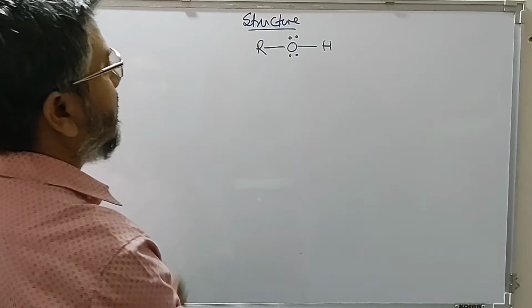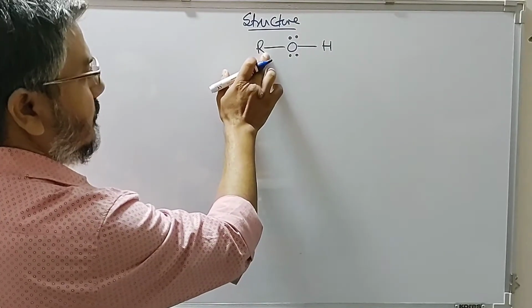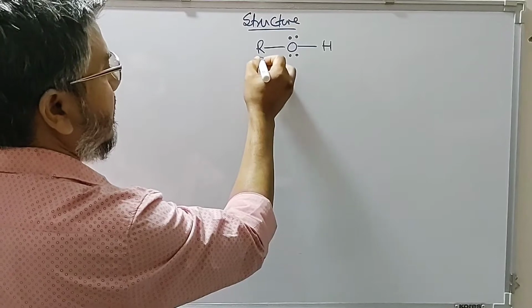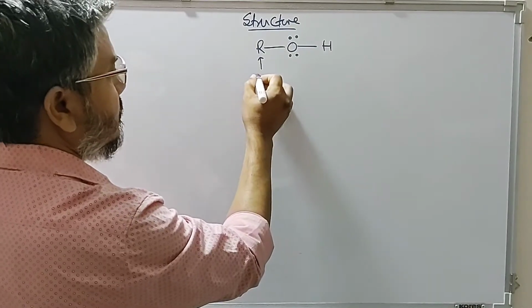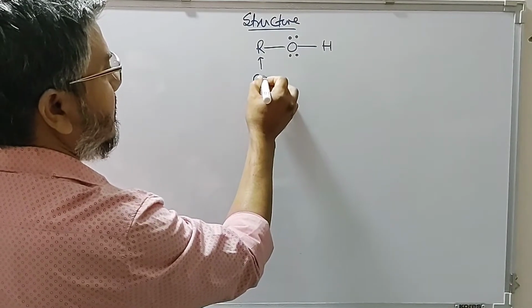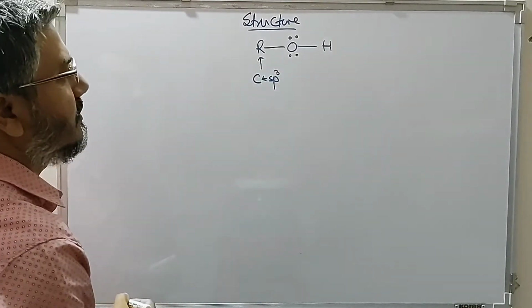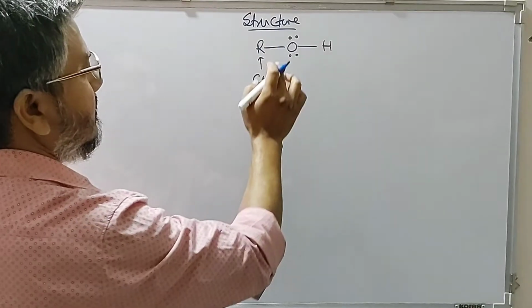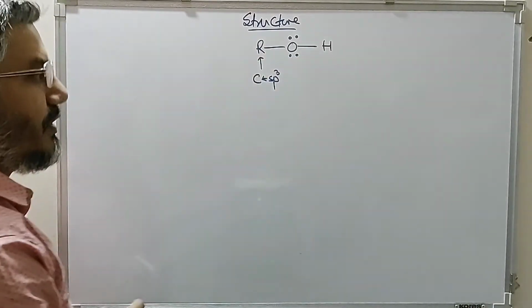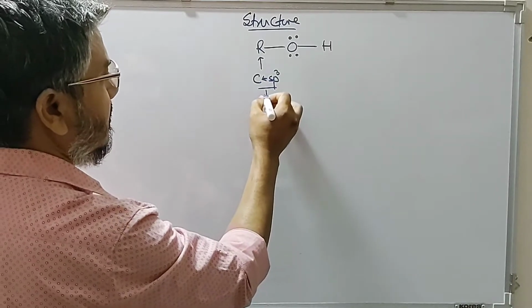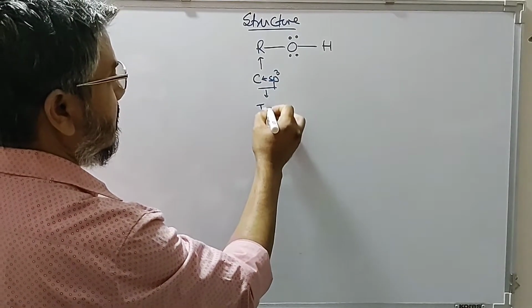So the carbon of alkyl group, in this we have carbon. So this carbon is sp3 hybridized. So this carbon, which is directly bonded to OH, being sp3 hybridized, this has to be tetrahedral.